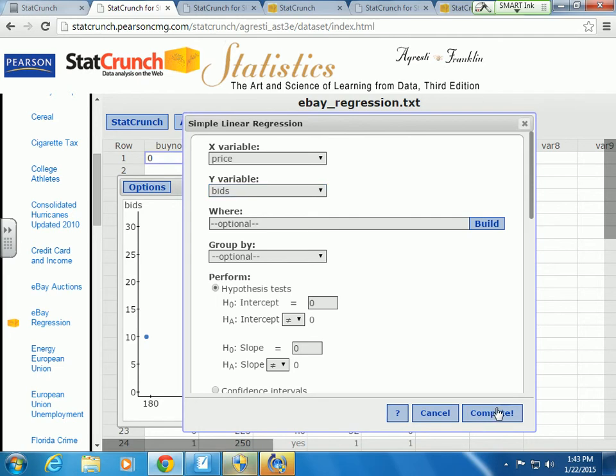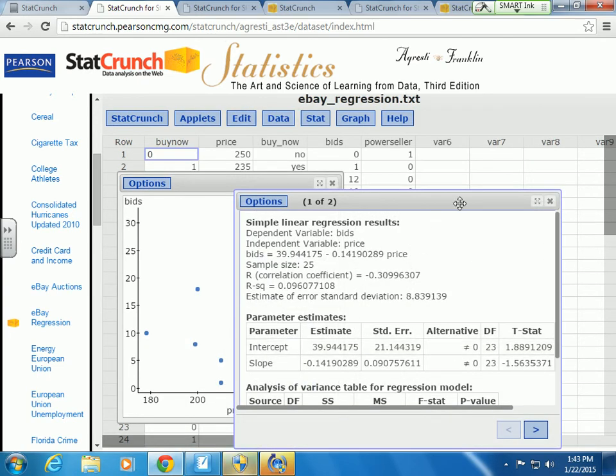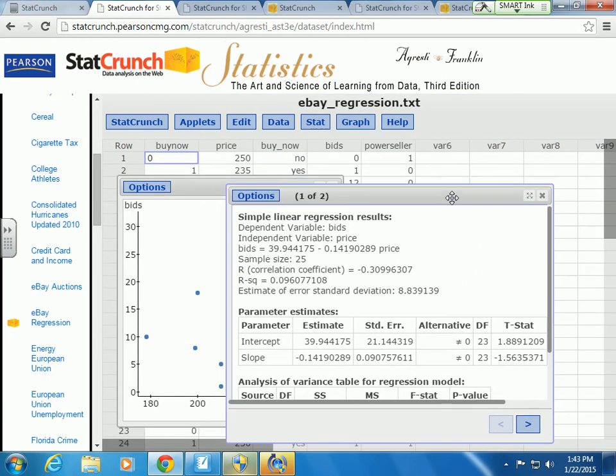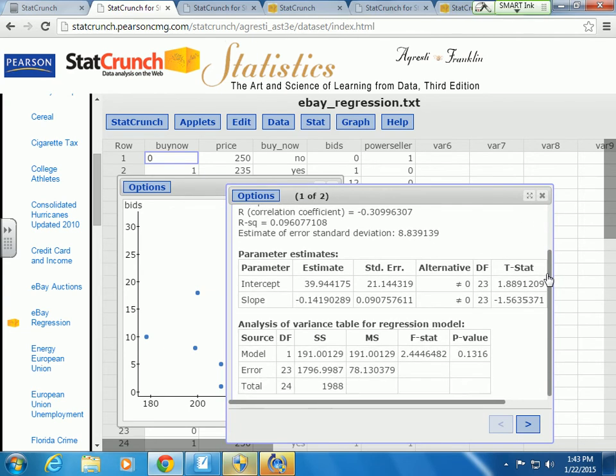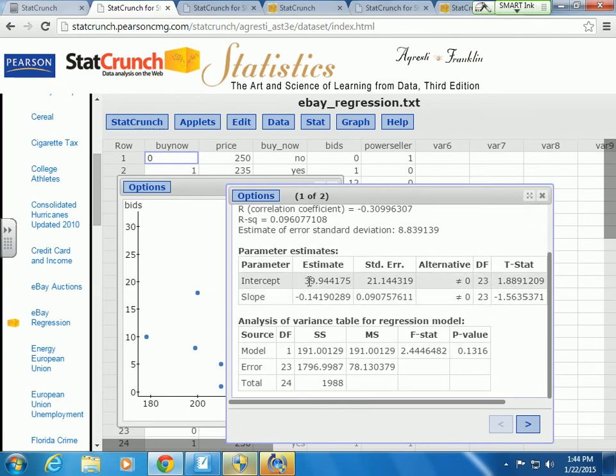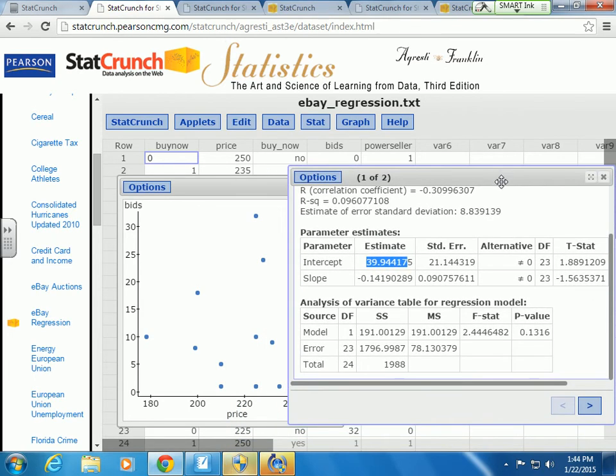I don't really want to do any prediction or anything. What we can see here is that no doubt it made a line. There's the intercept, up here at 39. And it fit a negatively sloped line through that data.